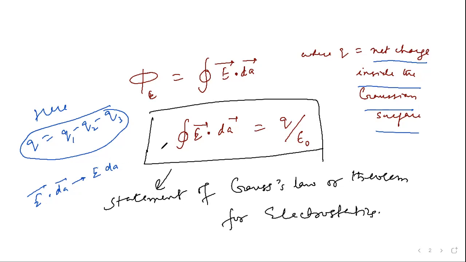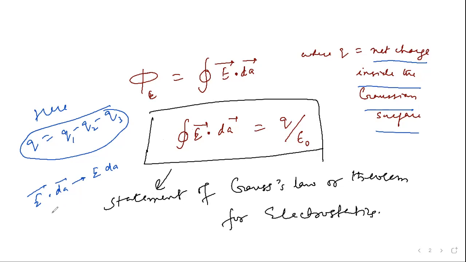Another thing, then, I try to choose the Gaussian surface so that the electric field over the Gaussian surface is constant and this electric field can be extracted outside the integral, right? So first thing, E dot dA should reduce to EdA, then the electric field over the Gaussian surface should be constant if possible, so that E can be taken outside the integral.